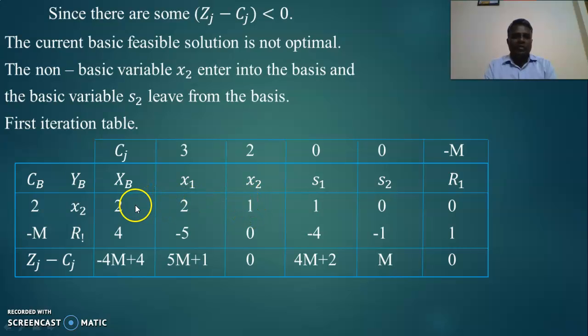So we write the pivot row without change from the first table, and we replace S1 by x2 because S1 leaves the basis. R1, the new pivot row is here. Here we identify the net evaluation row. All the values in the net evaluation are greater than or equal to 0. So we attain the optimal solution.